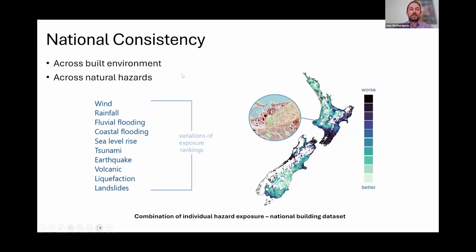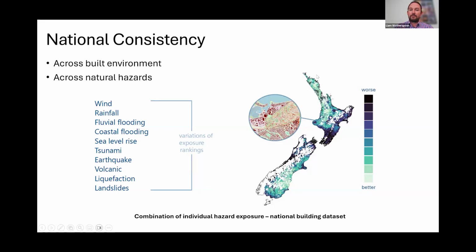One of the examples, and we're advancing this quite a bit this year, is that we have nationally consistent natural hazard data sets at multiple different return periods for all these types of hazards. It allows us then to link to different aspects of the built environment.